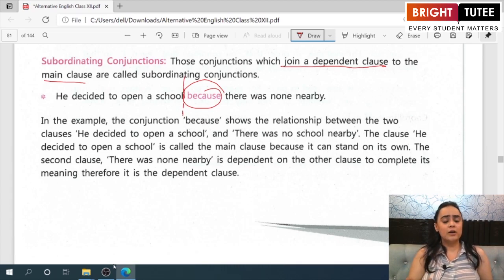This is a main clause because this is an independent sentence and does not need anything else to complete it. On the other hand, there was none nearby is an incomplete sentence which needs the main clause for its completion. So I connected the main clause with the subordinate clause using the conjunction because.